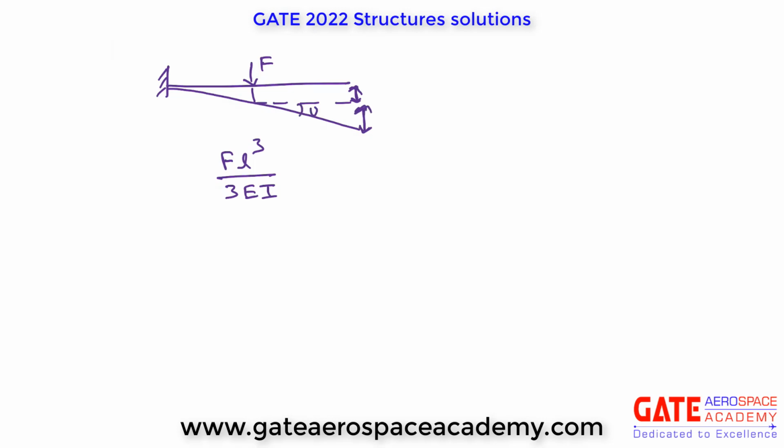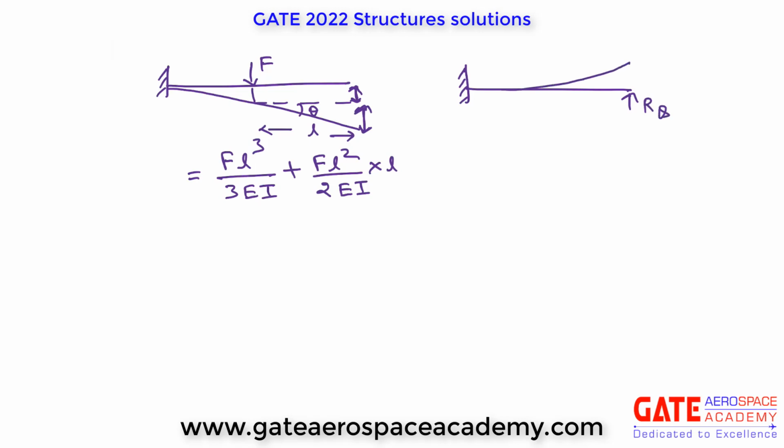This we can find out from slope, theta into this distance L, so plus F L square upon 2EI, this will be slope under the load F, into distance L. Correct? So this will be the deflection at point Q. Now because of reaction RQ, this will be simply RQ into 2L cube upon 3EI.